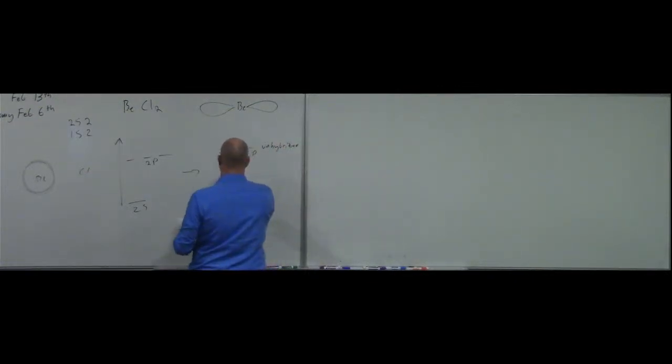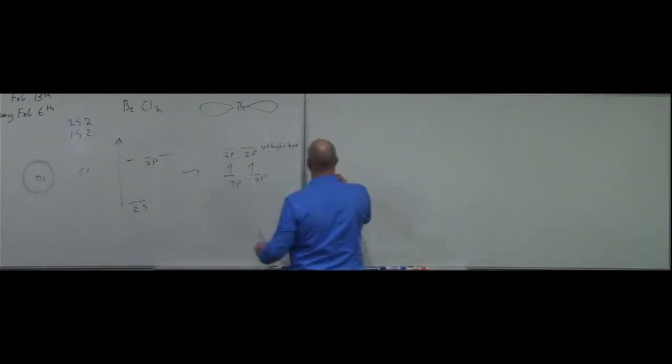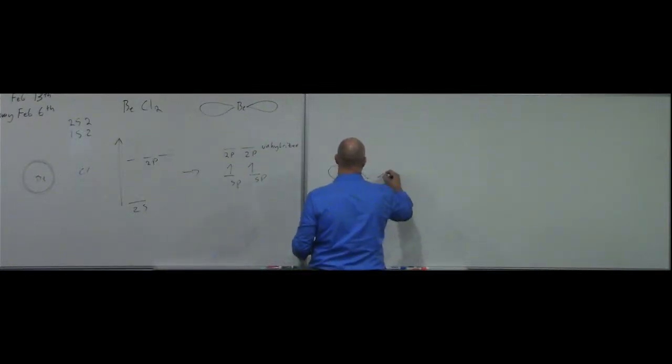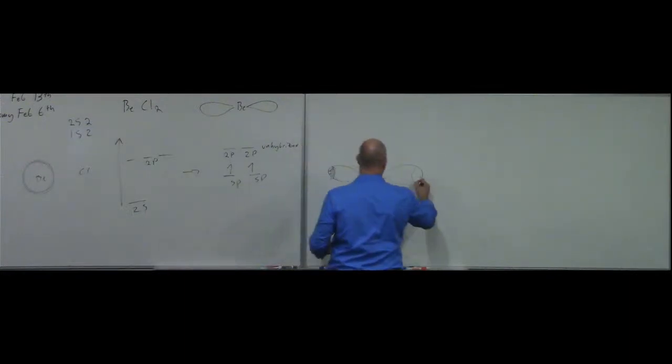And then I will also have 2 of these sp. These will each have 1, right? And so then the shape of these will be like this, which will allow me to bond the way I need to with chlorine.